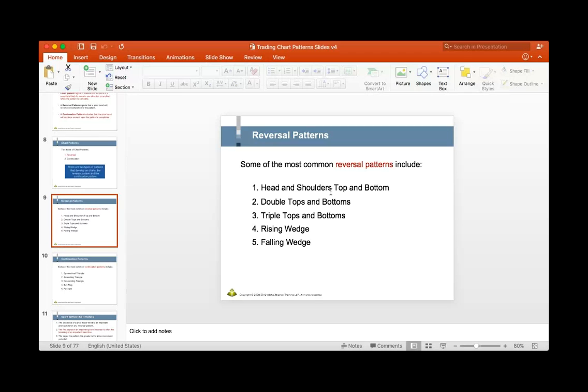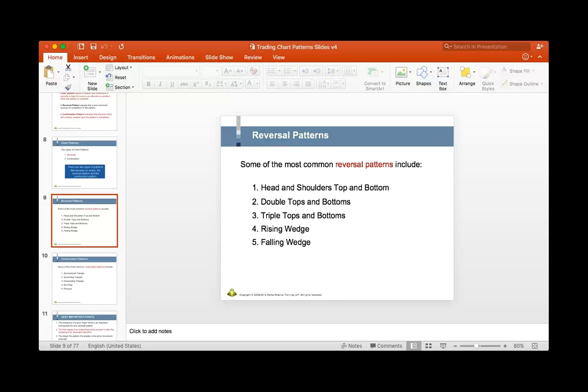You cannot have a prior uptrend followed by a head and shoulder top, and then the next move is an uptrend again, because that breaks the definition. So if this is a head and shoulder top, then after the head and shoulder top, the next move must be a downtrend. You follow?